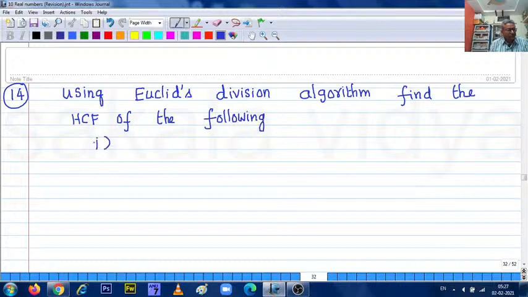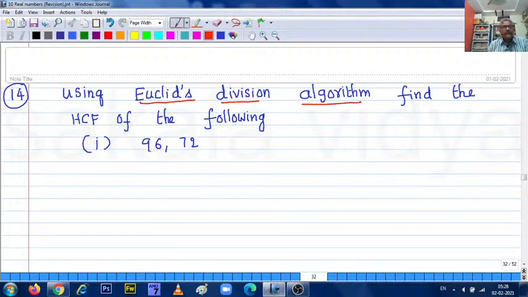First question, 96, 72. So here we need to find out the HCF, highest common factor, of two numbers using Euclid's division algorithm. We need to use this, not prime factorization. The first method, Euclid division algorithm, we need to find out the HCF of 96 and 72.